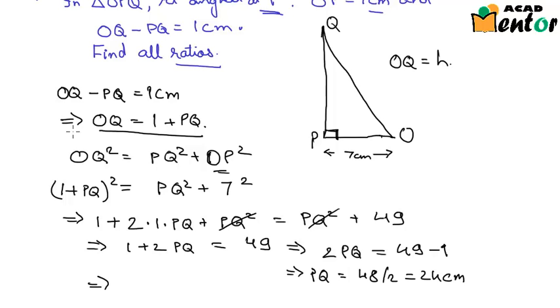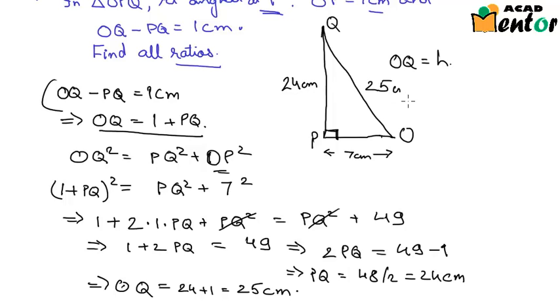This gives us, from the earlier relationship here, OQ equals PQ plus 1, and PQ was 24, so we have 24 plus 1 or 25 centimeters. So we have the values of OQ and PQ here. PQ is 24 centimeters and OQ is 25 centimeters.